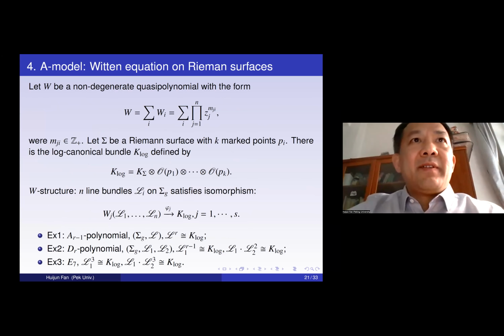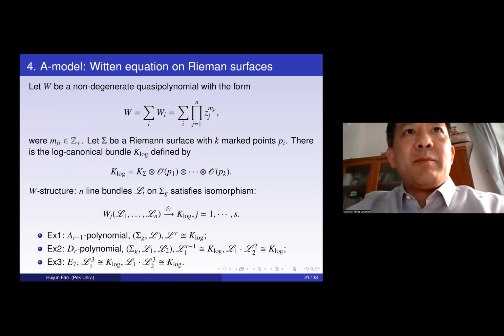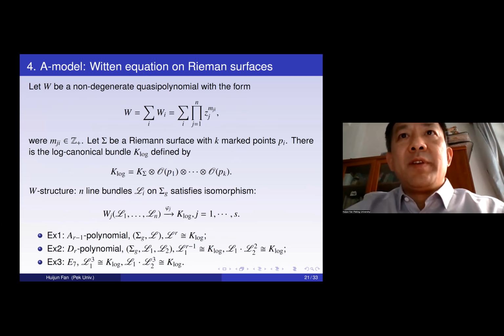Now let's consider the A model from LG geometry. The A model refers to a nonlinear equation called the Witten equation, which is defined on the boundaries of Riemann surfaces. Let W be a non-degenerate quasi-homogeneous polynomial. W is a sum of some monomials W_i, and each W_i is a product of those variables.